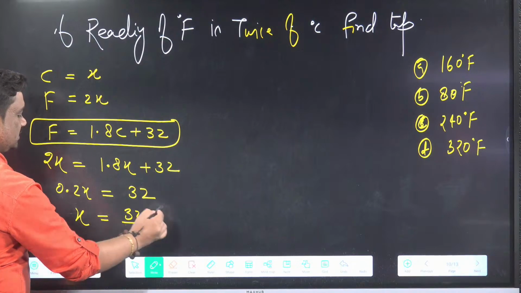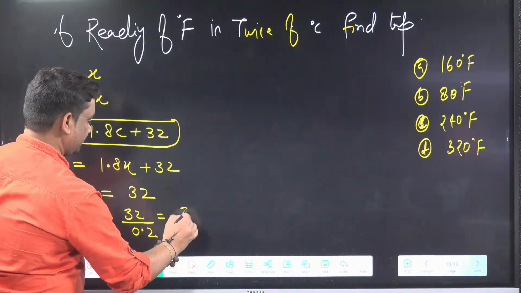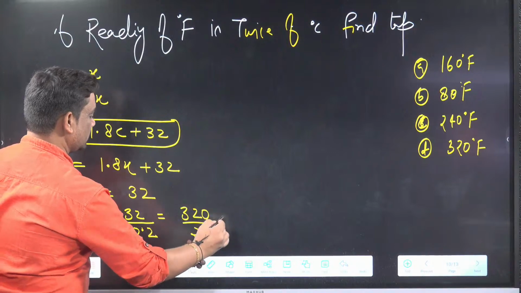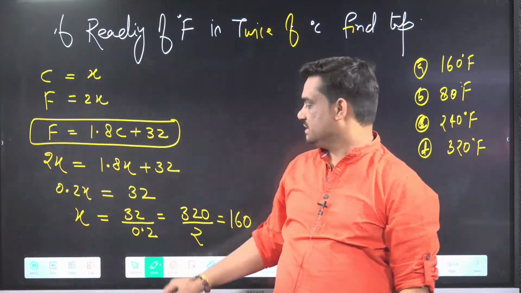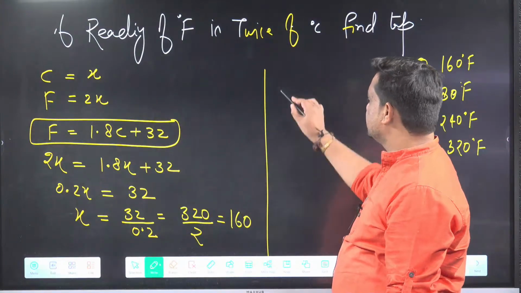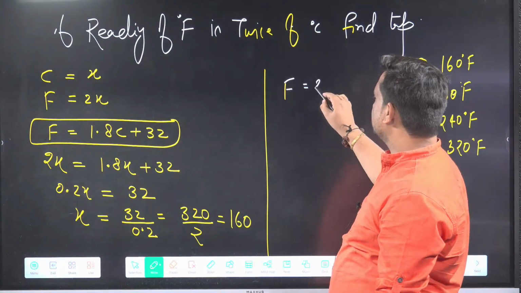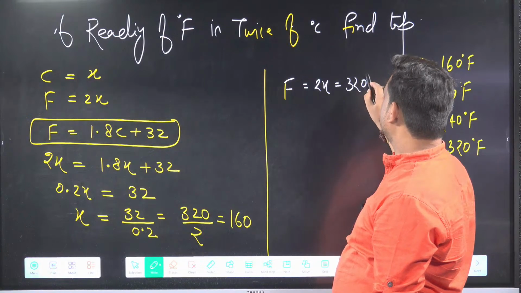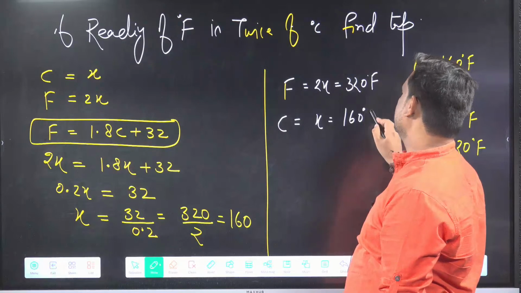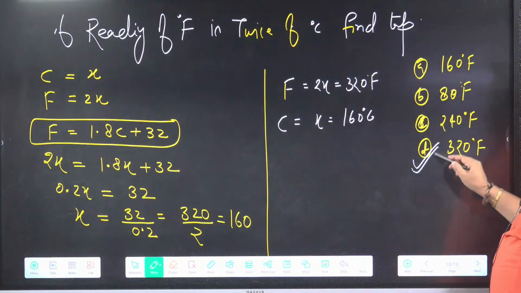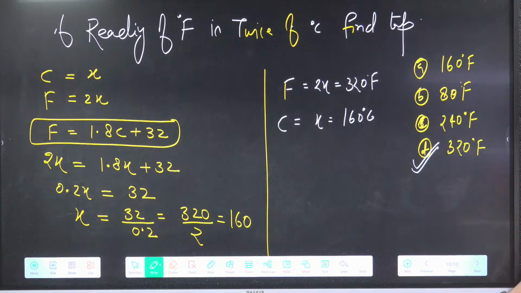I will remove the decimal, so this will be 320 by 2, that becomes 160. Now our answer is not 160. F equal to 2X, so that will be 320 Fahrenheit, and C equal to X, which is 160 degree Celsius. So as per the options, this answer is correct. Yes, done.